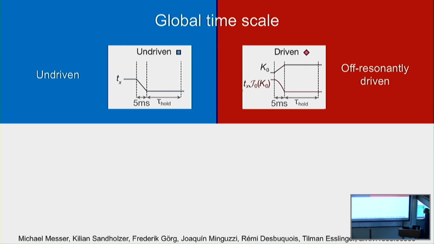And then we could also look at longer timescales, and there we went to a region where we had more tunnel coupling, larger tunnel coupling, but again doing a similar quench.